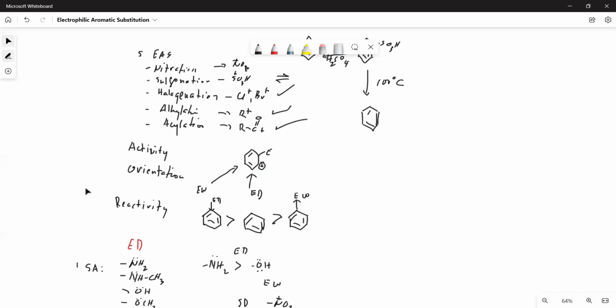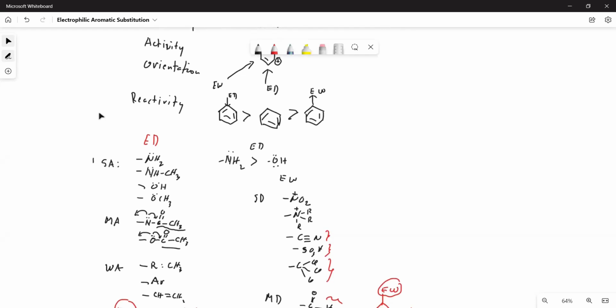And we can classify electron donating and electron withdrawing based on their ability to donate. For electron donating, we can classify them as strongly activating, moderately activating, or weakly activating.